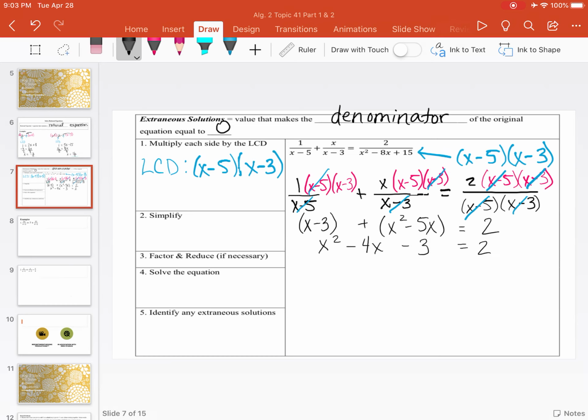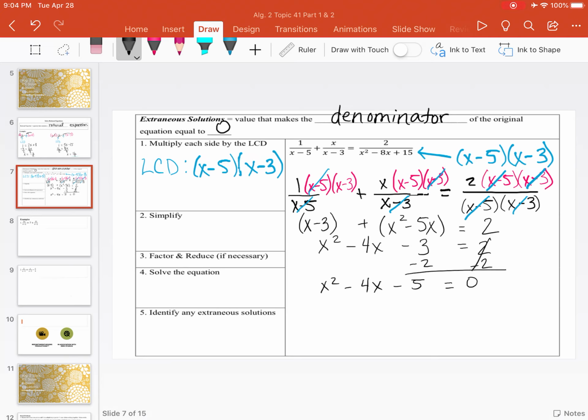What we're going to do now is I'm going to set the equation equal to 0. I was jumping ahead of it. So that I can factor and use the zero product property to identify what my possible values of x can be. So I'm going to subtract 2 from both sides and get x squared minus 4x minus 5 equals 0.